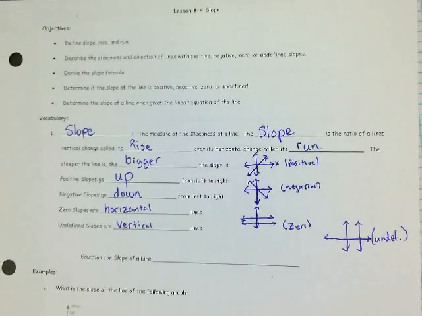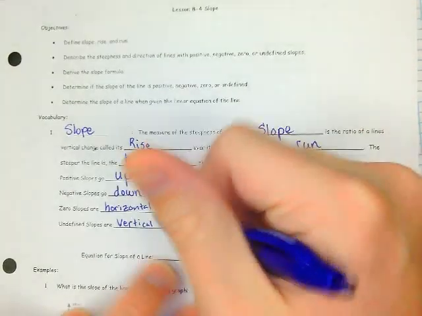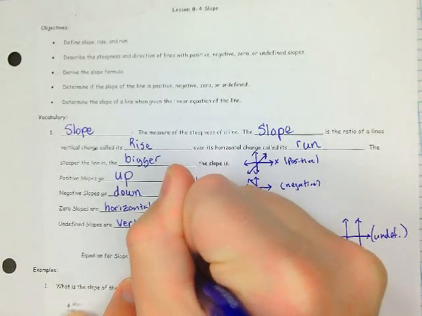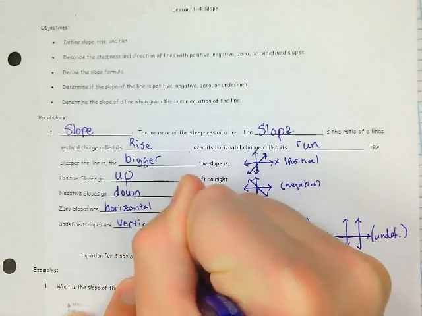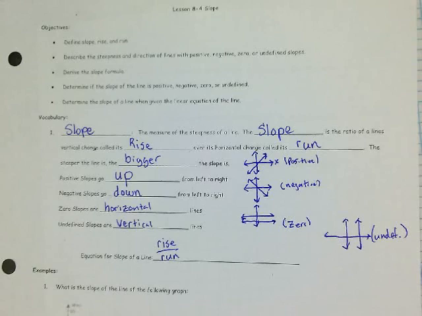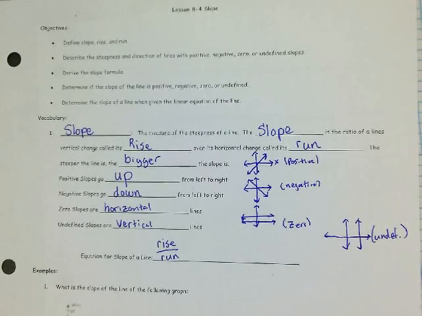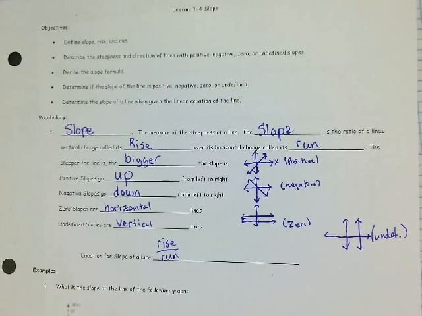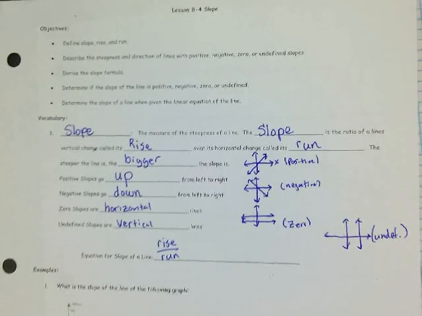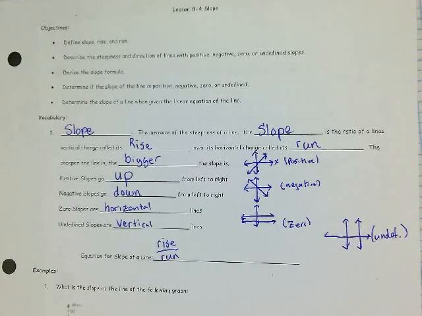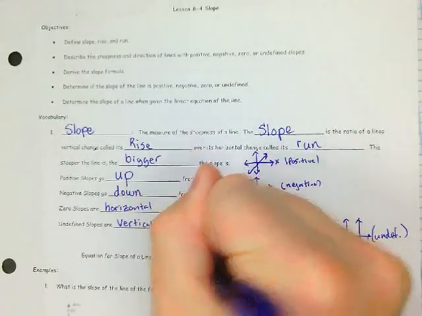Now, the equation for the slope of a line is, if you'll remember, rise over run. Rise goes up. When you rise, you get up, don't you? Well, rise can also mean down. Rise is up and down. Run is left and right. It is the change.